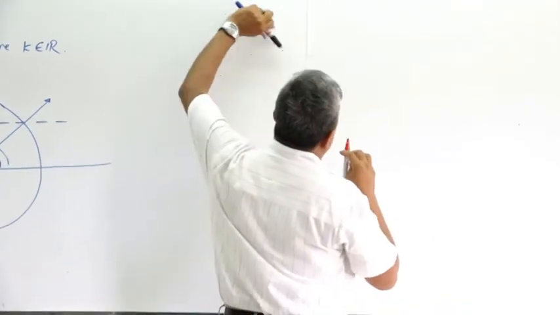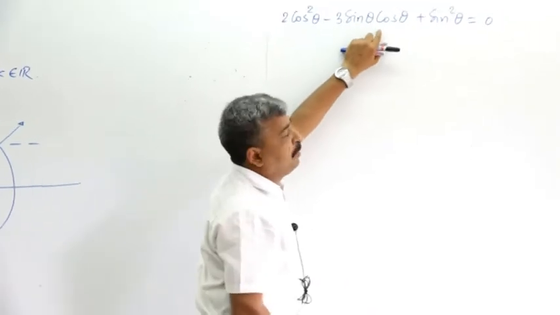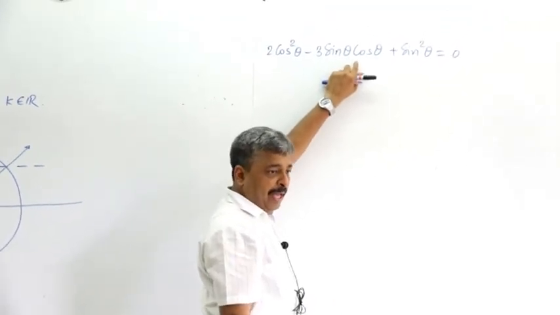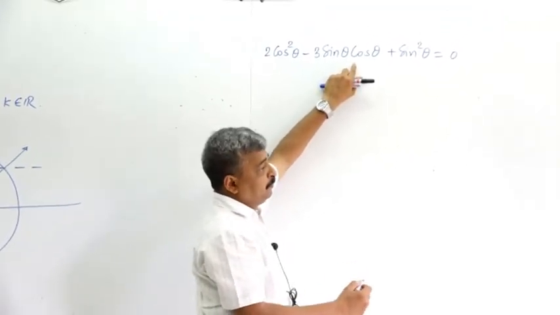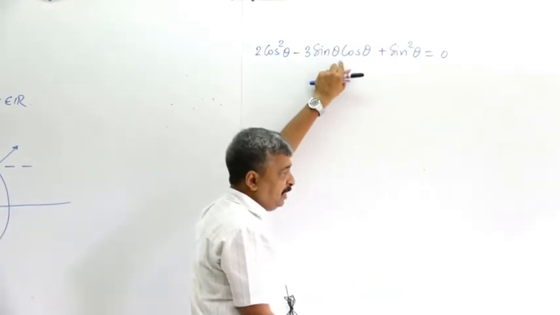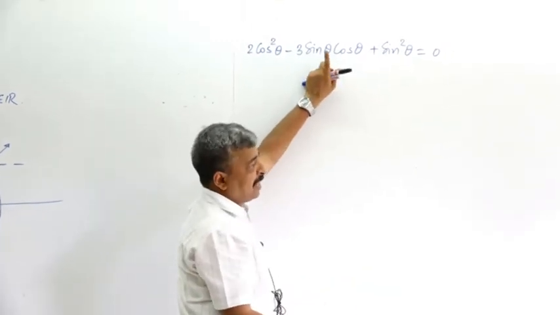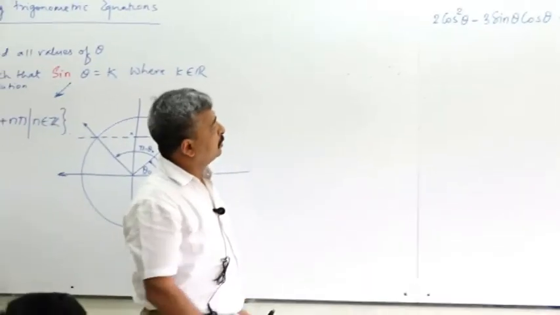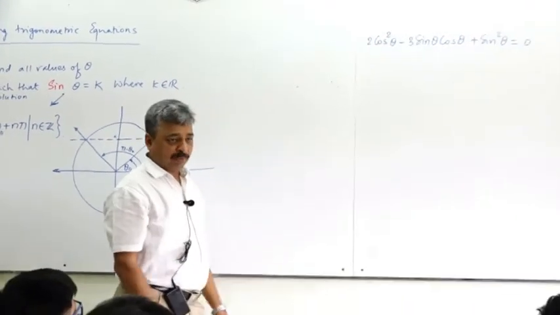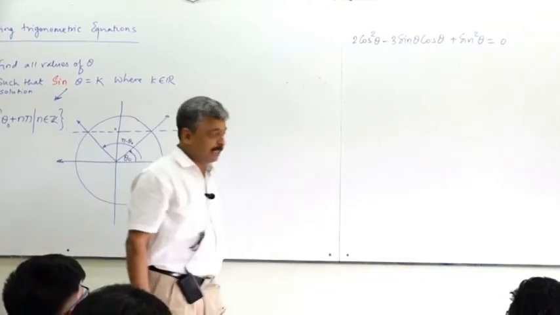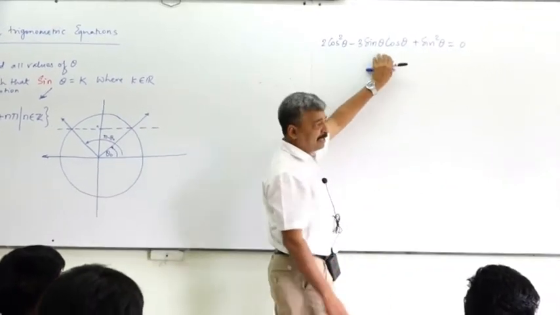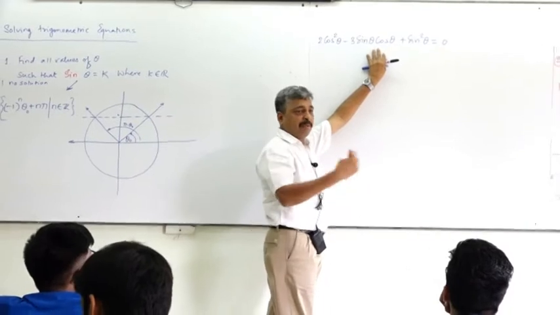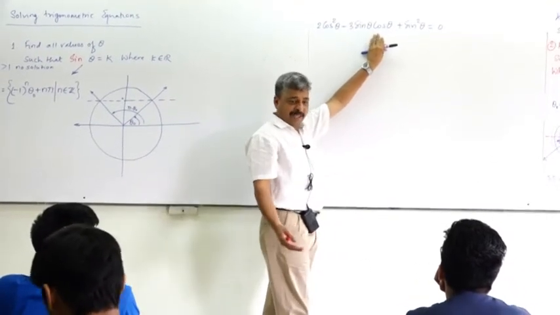Now, because a sin cos term is available here, I cannot go purely into sin or cos independently unless I do some squaring or completing the square. When I square this term, I will get sin square and cos square, and then maybe I can get into cos and sin.